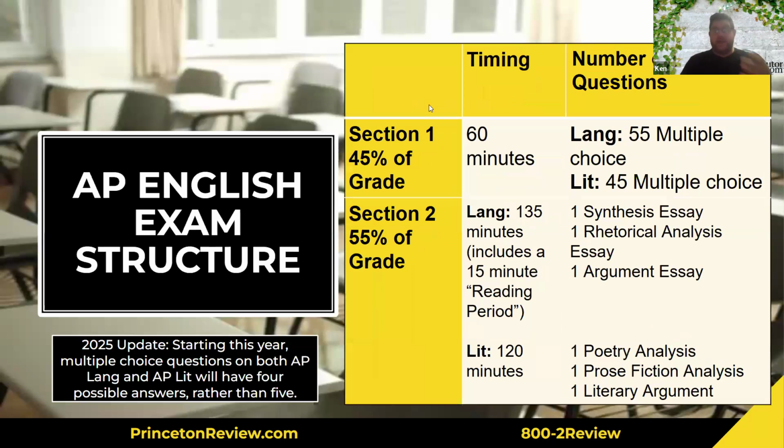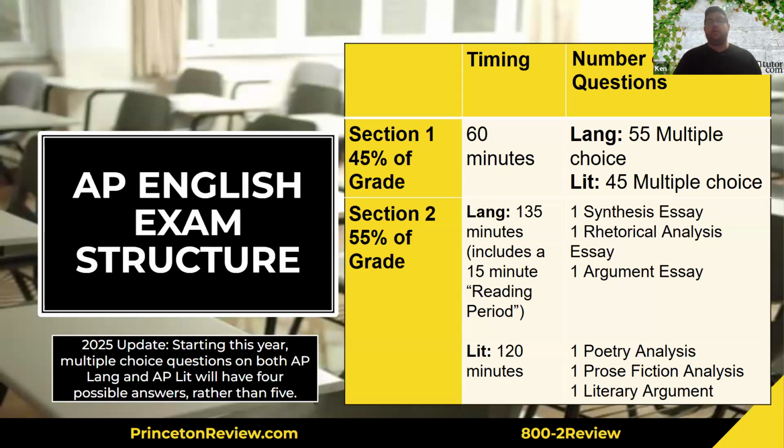So again, they do share some things in common, and one of them is their overall exam structure. When you encounter your AP exam a few months from now, whether it's Lang or Lit, you're going to be confronted with a section 1 where you are given 60 minutes and it counts for 45% of your grade.